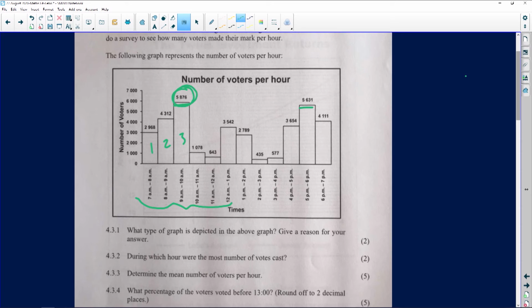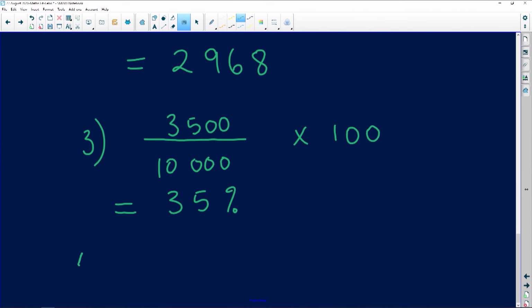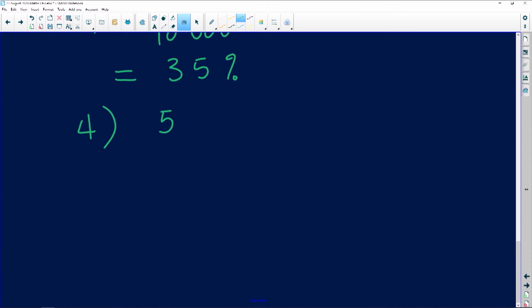Minimum is the smallest number. So the maximum is 5,876 minus the minimum, 435.